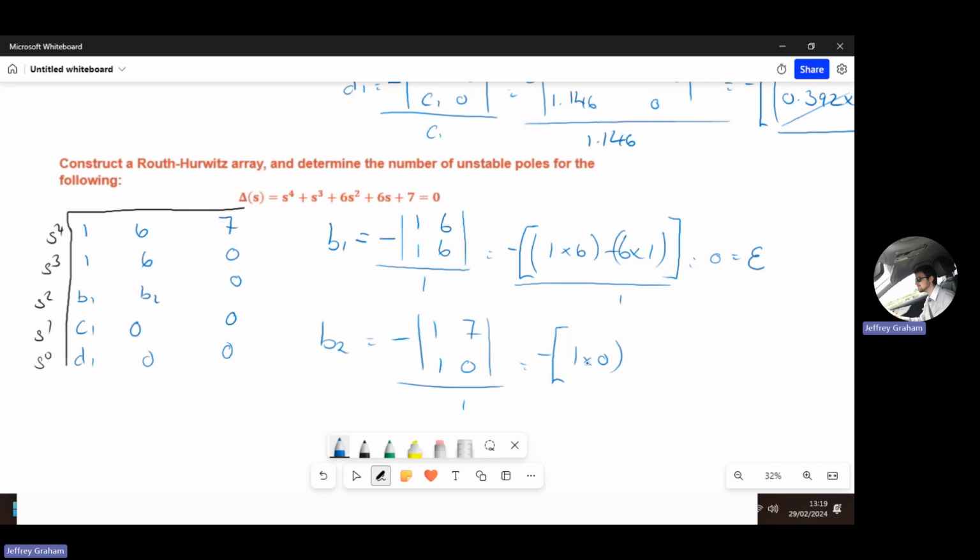The 1 times 0, take away 7 times 1, all over 1. That is positive 7. Insert now our values into the array.